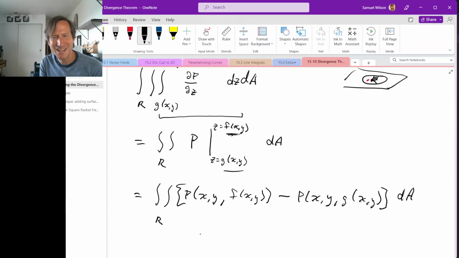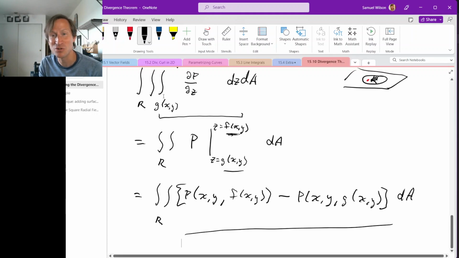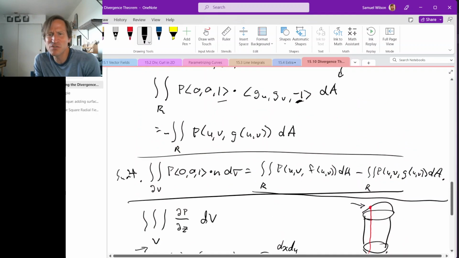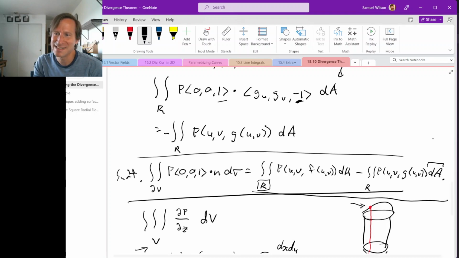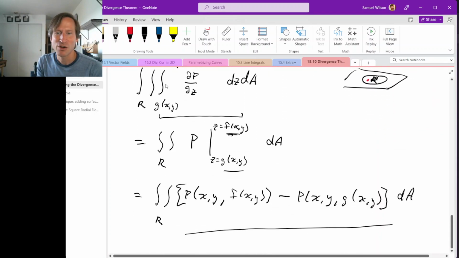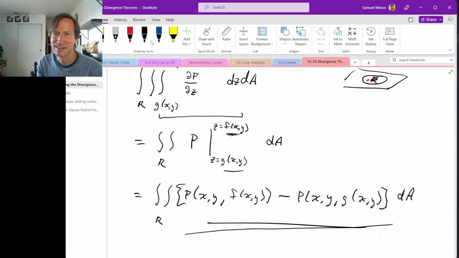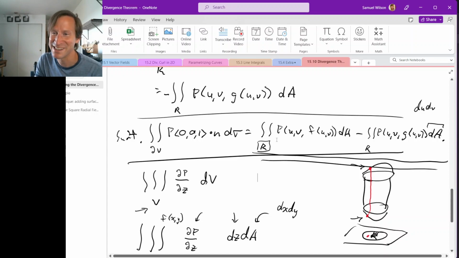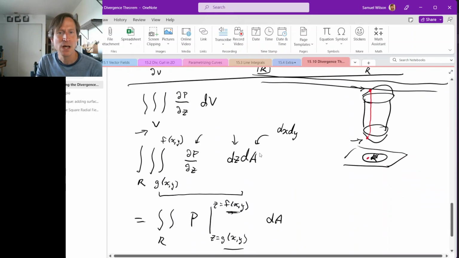If you look at this integral and compare that to our total surface integral, that's exactly the same thing. The only difference is what the variables are called, but the variable names don't matter. What matters is what the region is and what the area element is, and the region is the same region for both of these integrals. So this integral down here and this integral up here are literally the same integral. Only the names have changed, but the names don't matter.